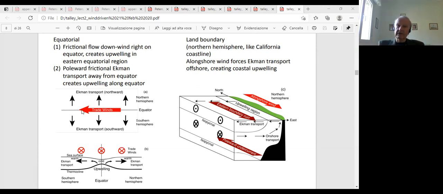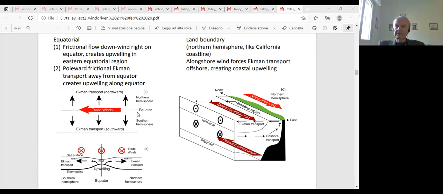Because here in the northern part, north of the equator, the Ekman transport is to the right-hand side of the wind. That means from the equator toward the poles. The same or similar is in the southern hemisphere, south of the equator. The Ekman transport is to the left-hand side of the wind direction, and therefore the Ekman transport is from the equator again toward the poles.